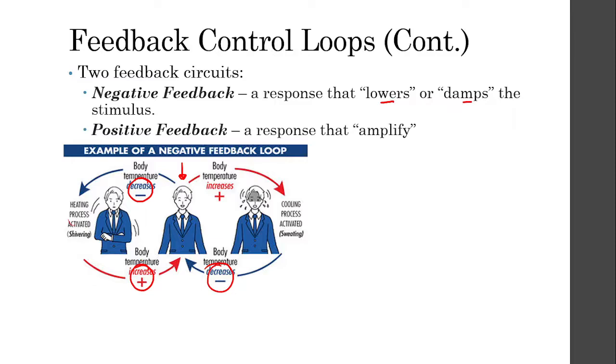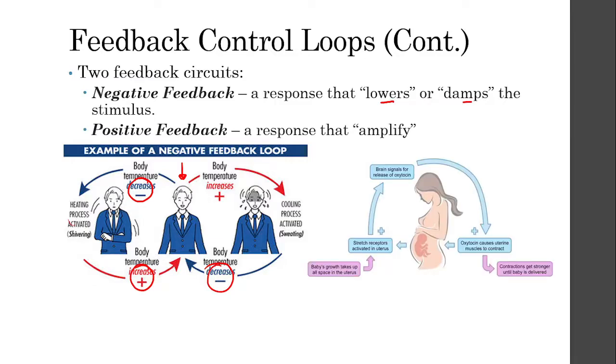The positive feedback loop, like I've mentioned, is a little easier to remember because it actually increases the stimulus. One of the greatest examples in our body is for pregnant women when they're about to go into labor.